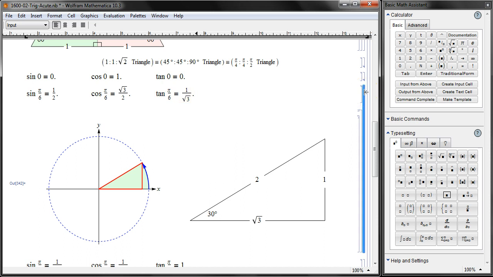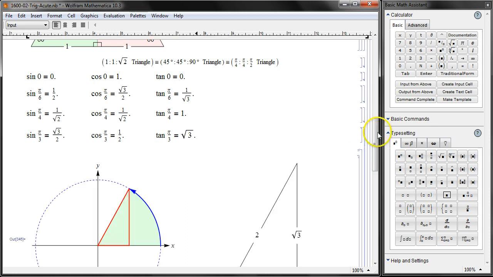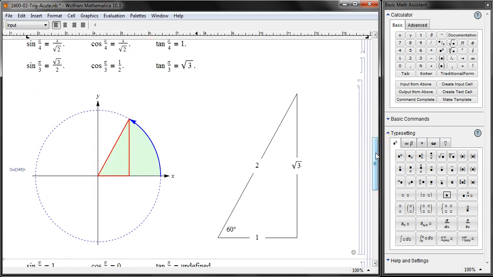If I flip this triangle and make it stand up, you have this picture, 1, 2, square root of 3 triangle, and sine is now opposite over hypotenuse, so square root of 3 over 2.